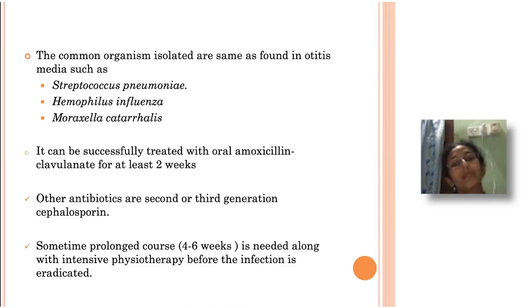It can be successfully treated with oral amoxicillin clavulanate for at least 2 weeks. Other antibiotics are second or third generation cephalosporins. Sometimes prolonged courses of 4 to 6 weeks of antibiotics are needed, along with intensive physiotherapy, before the infection is eradicated. So when an infant presents with a chronic cough, we can think about this.